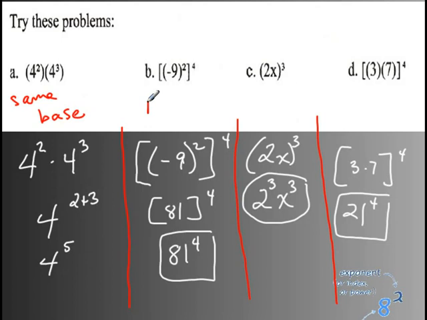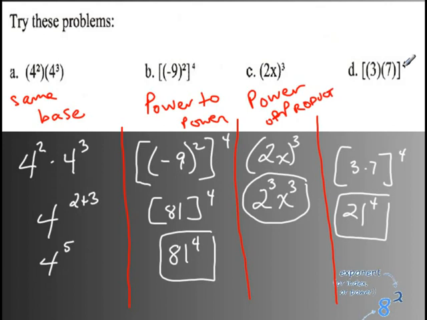This is power to a power. This one is power of a product, excuse me. And this one's a sort of a mix. You actually have to do order of operations first and then raise it to the 4th power.